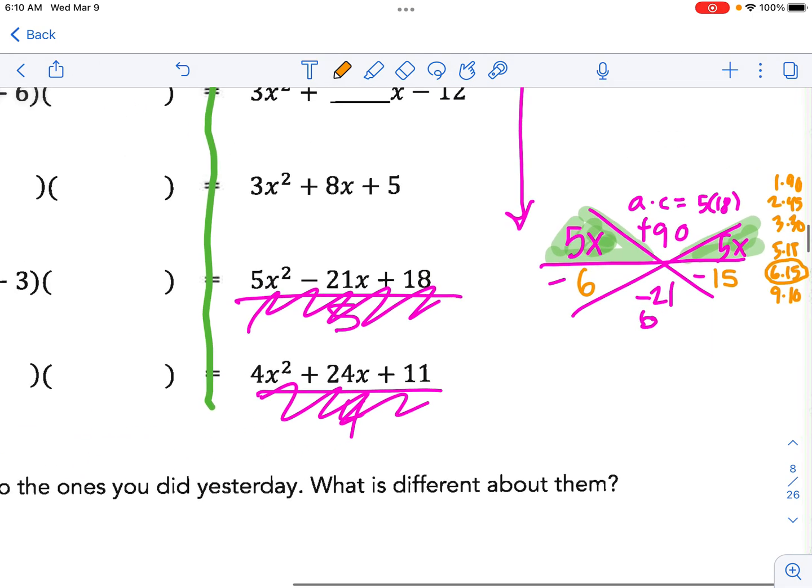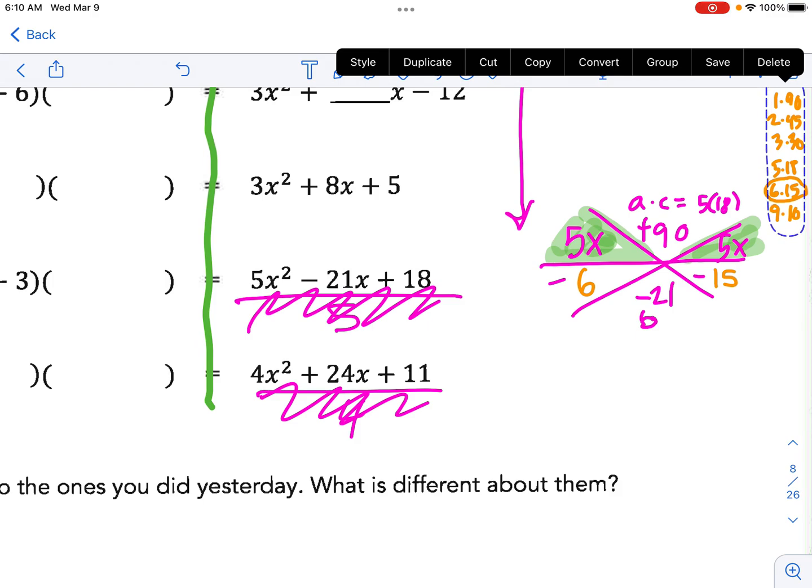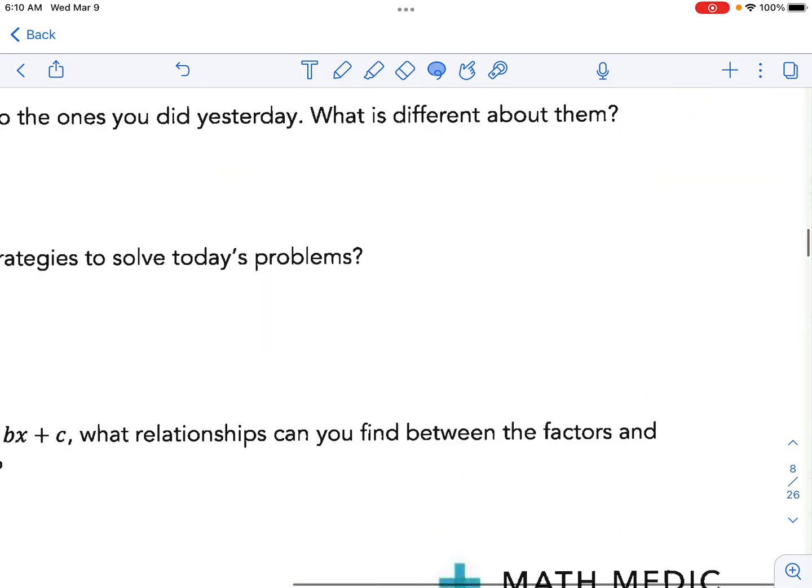And here's why I'm calling it the advanced star or the extended star. It's because, first of all, we have a 5x in those sectors.